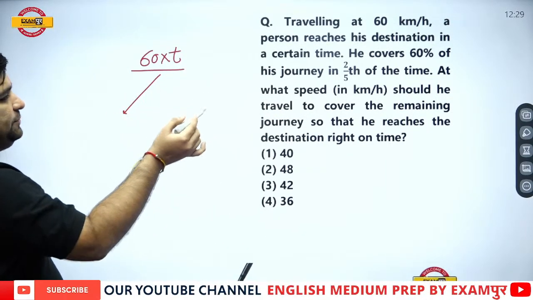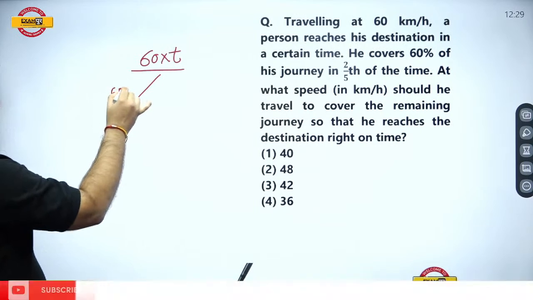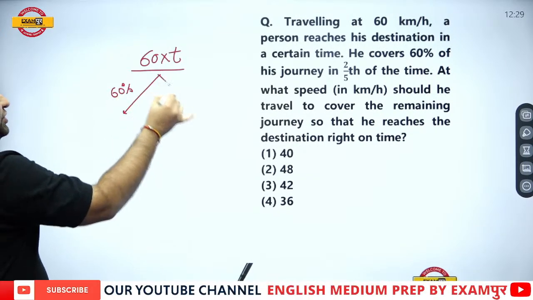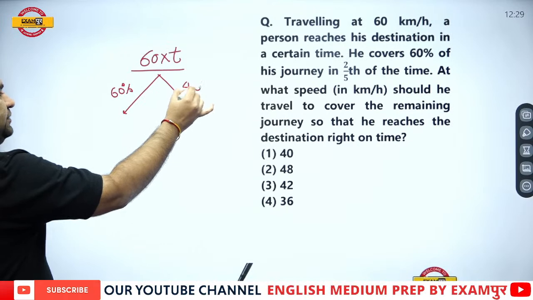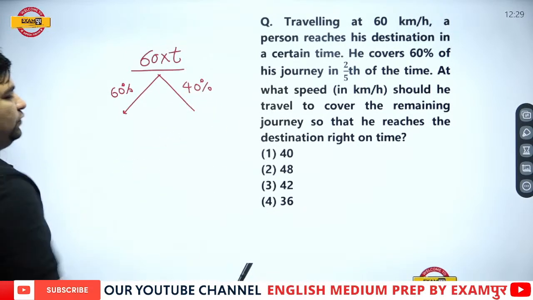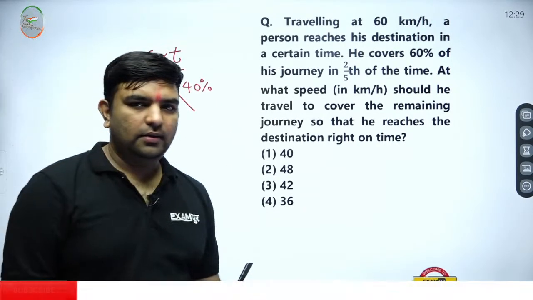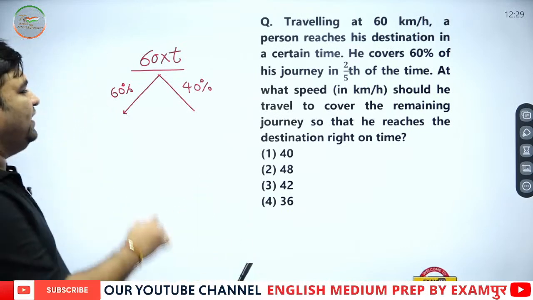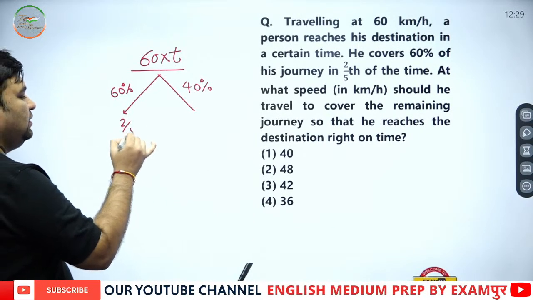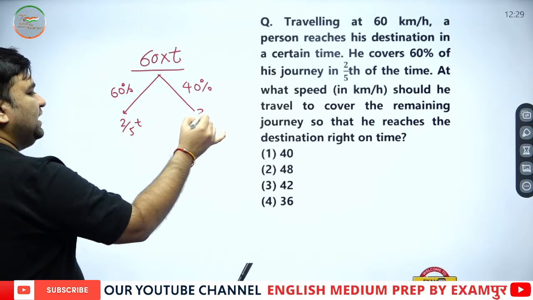He covers 60% of the journey. So how much is remaining? 40% of the journey is remaining. 2 by 5 of the time is occupied. So can I say 3 by 5 of the time is remaining?